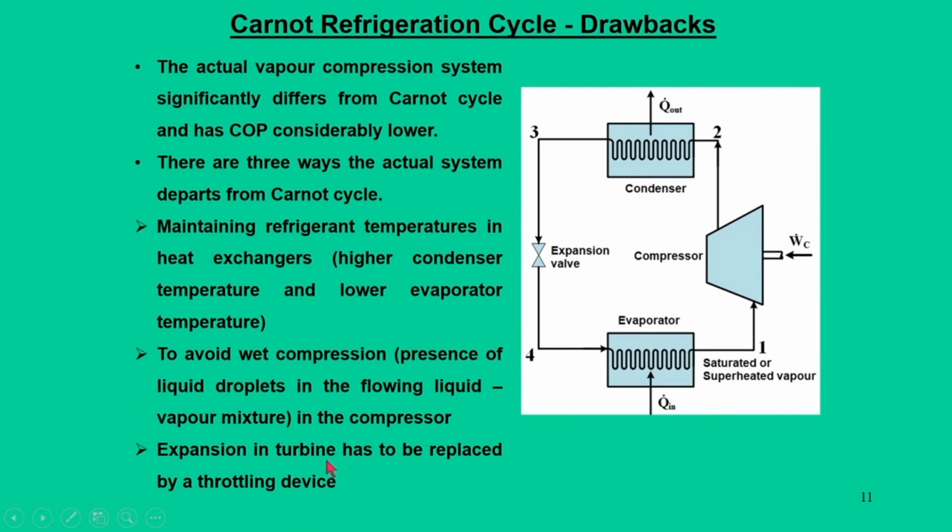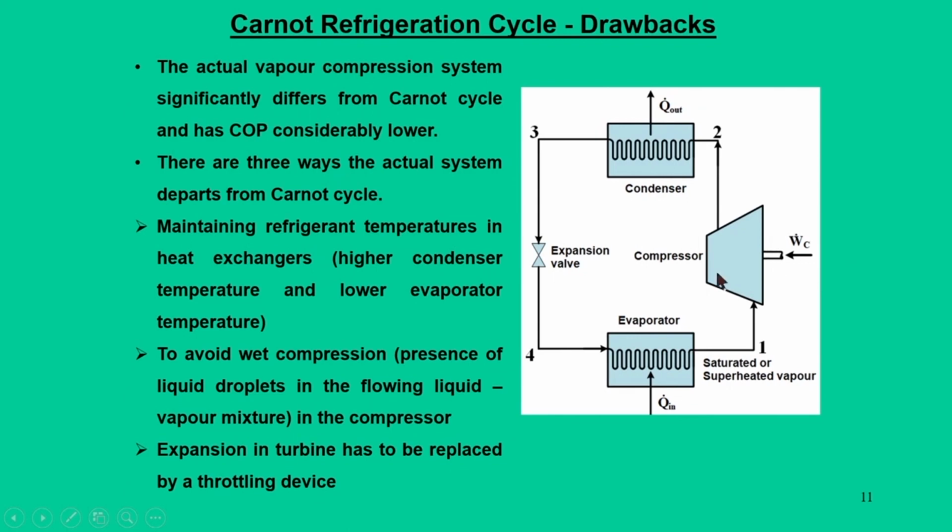The third limitation is expansion in the turbine. Ideally, our main intention in a refrigeration cycle is to maintain coldness, and we do not intend to have a turbine, because the word turbine is used for a power producing device. Although the turbine power is utilized, that requirement is very low compared to the work input to the system.